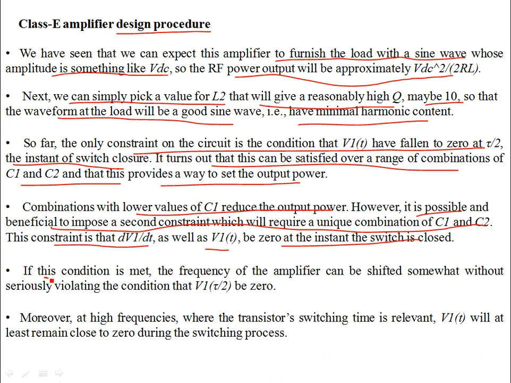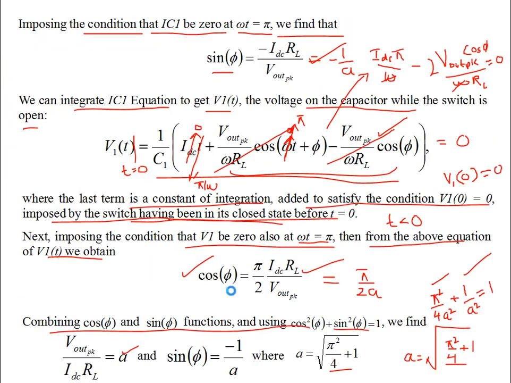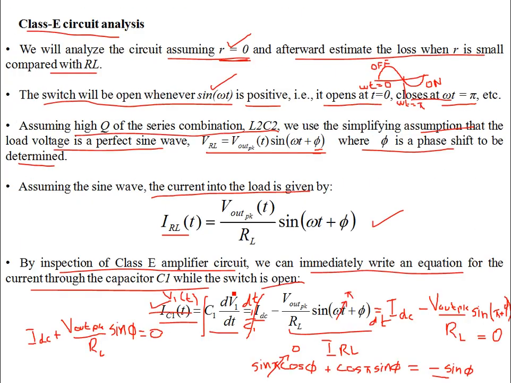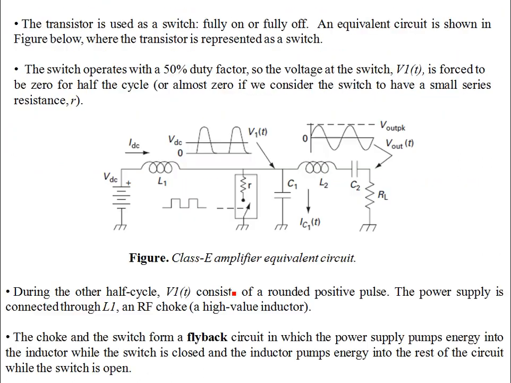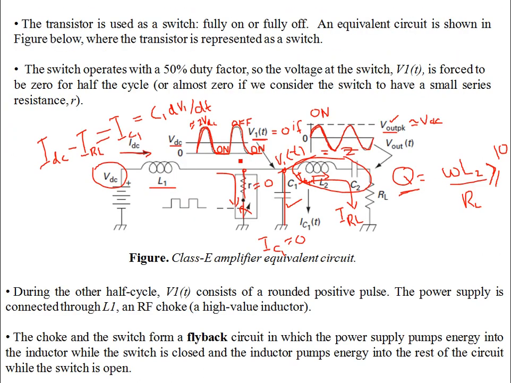If this condition is met, the frequency of the amplifier can be shifted somewhat without seriously violating the condition that after half cycle V1 at tau by 2 should be 0. So what it says is that if the differential of V1(t) is also 0, then in the second half cycle after tau by 2, where V1(t) is 0, there could be a small shift in the frequency.